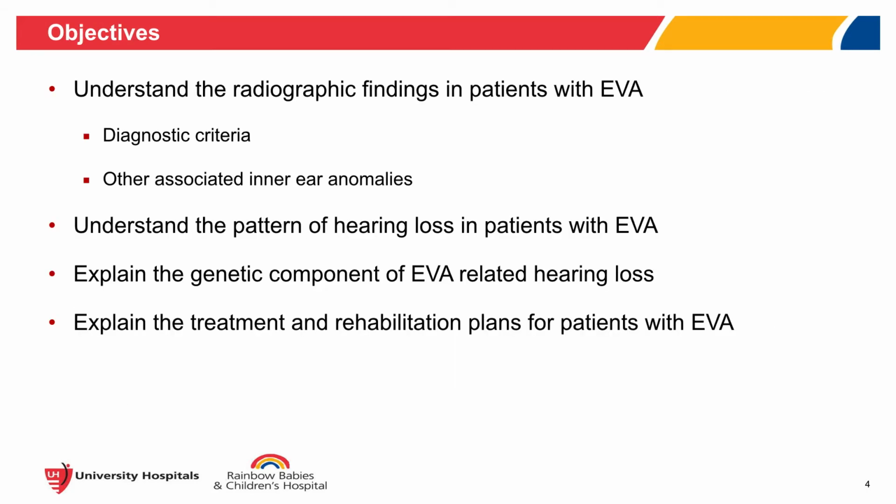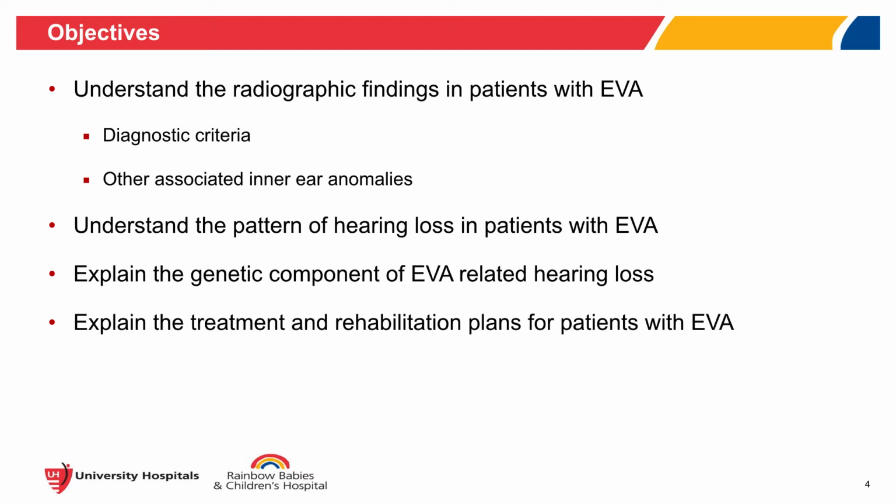Some objectives. I want us to be able to talk through the radiographic findings in patients with EVA, just because that really represents the diagnostic criteria, and then look at other associated inner ear anomalies, especially Mondini malformation or incomplete partition type 2. We'll also talk about the pattern of hearing loss in patients with EVA, because it can be quite unique in the presentation, and then the progression of EVA-related hearing loss.